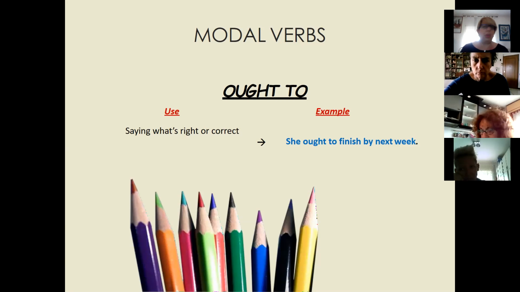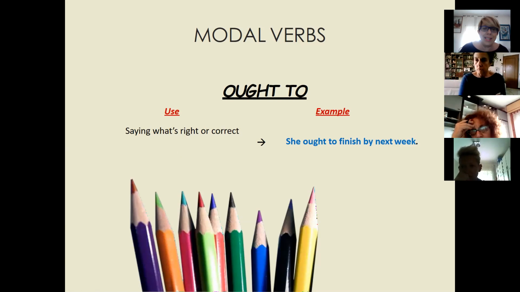You must do something because there's a law, because there's somebody that is obliging you. No, it's something that you know is right or correct. So actually you are following a moral obligation. Like the example that I always give, I ought to go visit my grandmother more often, but actually I can't find the time.